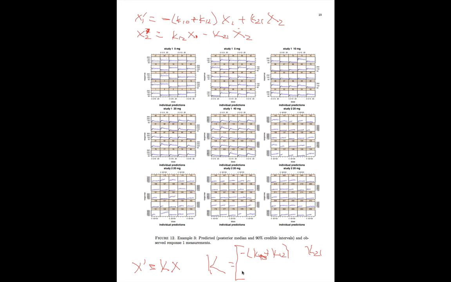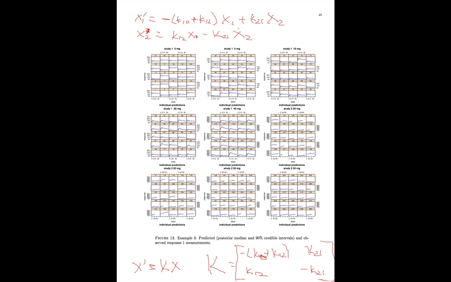Then down here we have k12, again positive, and over here we have minus k21. Again, it's just a matrix expression equivalent to the two equations that I wrote up on top here. So that's how you can get negative elements like that.